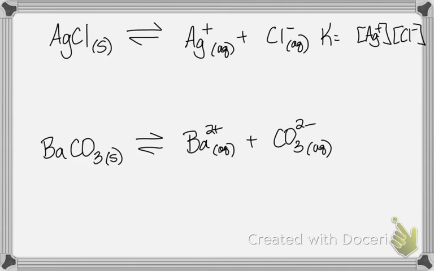And those are the products over, and you don't include the reactants because there's a solid. Because these are solubility equilibria, they are labeled as a KSP. KSP stands for solubility product constant.